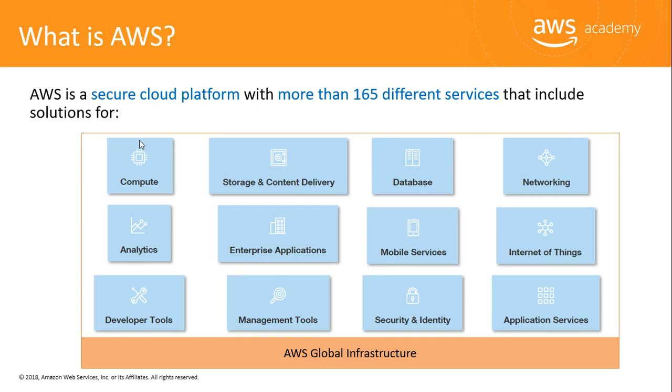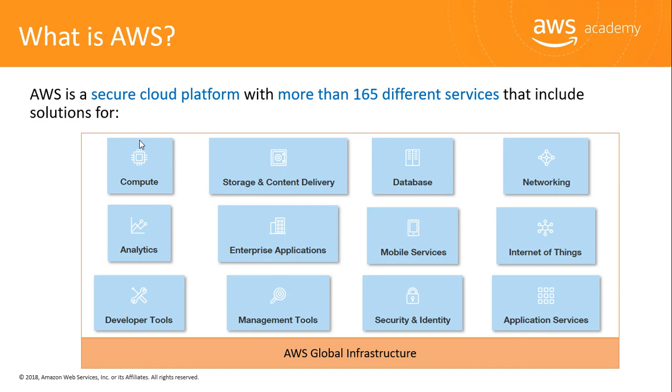We need to understand what all the web services provided by Amazon are. AWS is a secure cloud platform with more than 165 different services. They used to say 165, but I think it is more than 300 services as of today.